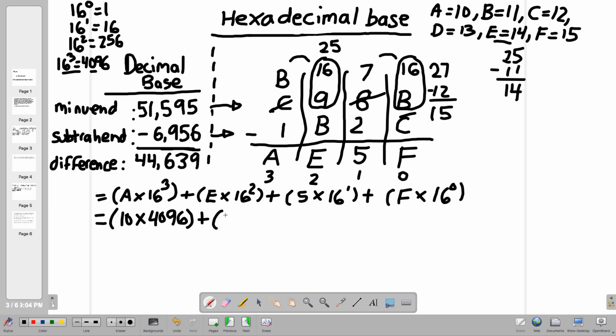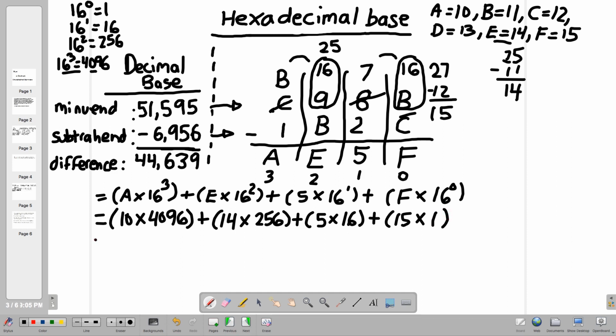So let's put 14 here. Times 16 to the second power is 256. Plus 5 times 16, because 16 to the first power is just 16. And then we have the letter F, which represents the value 15. Times 1, because anything to the 0 power is 1.